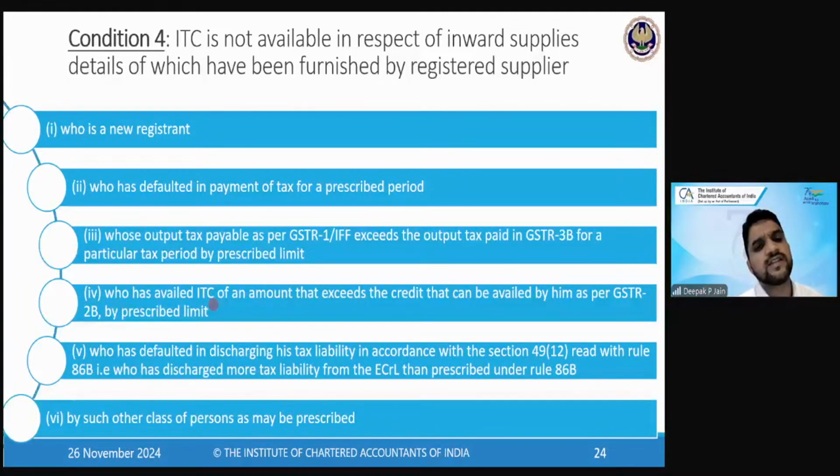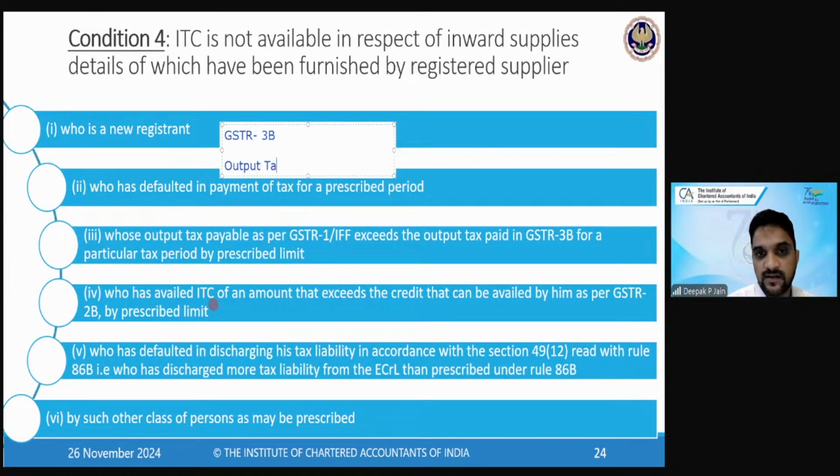How possible in case 4, Tanya? Case 4 में possible है ना that your outward liability is 1 lakh rupees. Okay, I will give you this with numbers. In your GSTR 3B, what will be there? Output tax and less input tax. Correct?